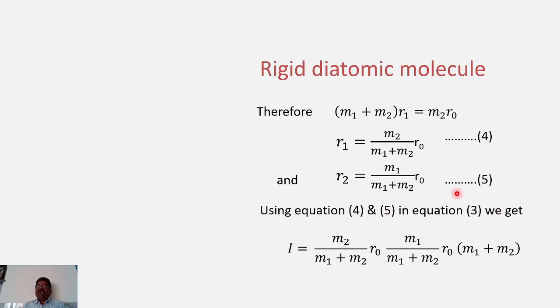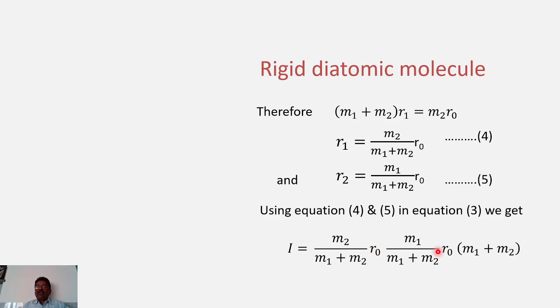Now using these values of equations 4 and 5 in equation 3, you know that I is equal to R1 R2 in bracket m1 plus m2, which we have defined earlier. You substitute these values of R1 and R2 into m1 plus m2.